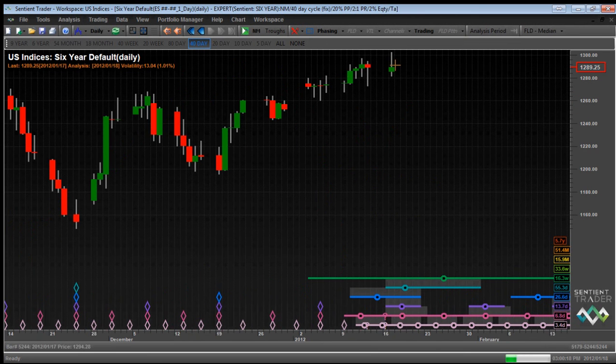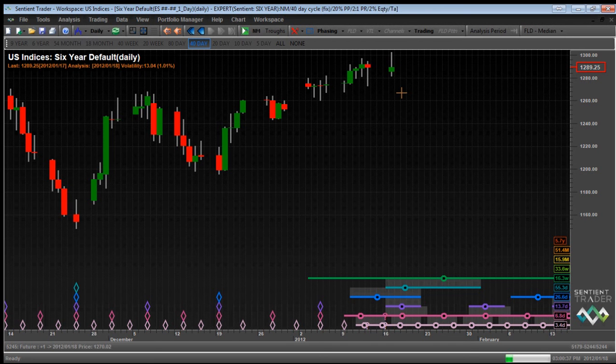Hurst never said anything about candlestick patterns or the candlestick format, the bar names and so on. So Sentient Trader itself doesn't make any trading decisions on the basis of those dojis.